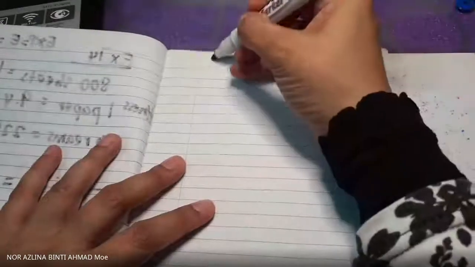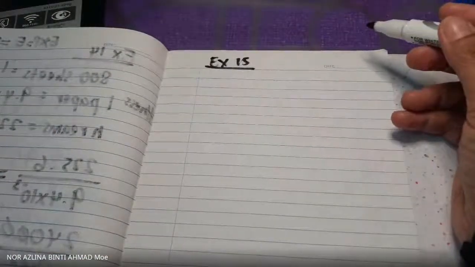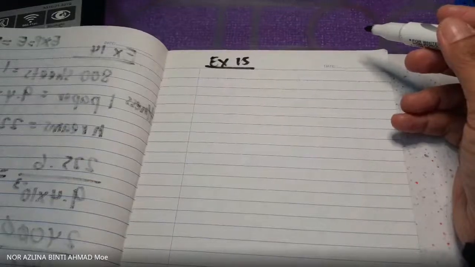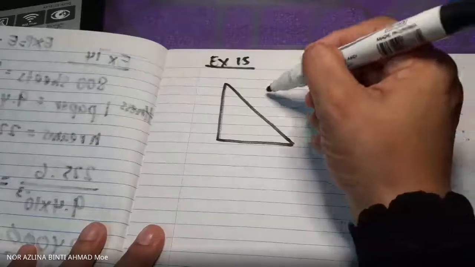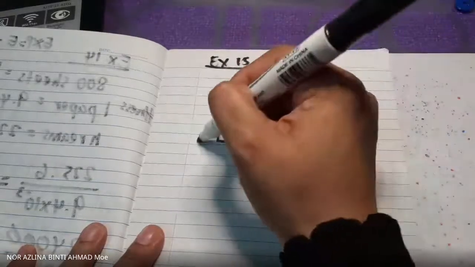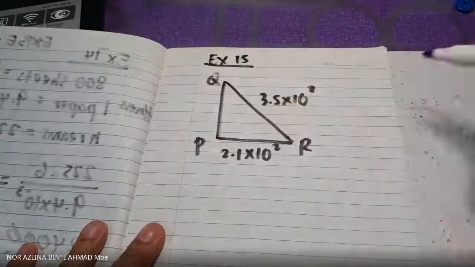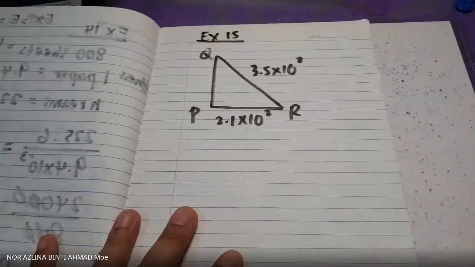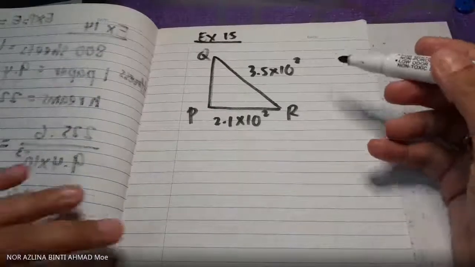Example 15. Okay, ada satu tanah, right angle triangle. 3.5 times 10 to the power of 2. This is R, P, Q. And this is 2.1 times 10 to the power of 2. Calculate the value of PQ in meter. Give your answer in standard form. So PQ.